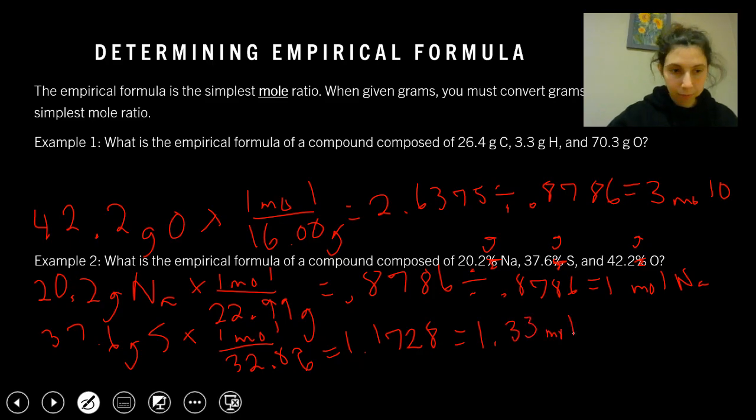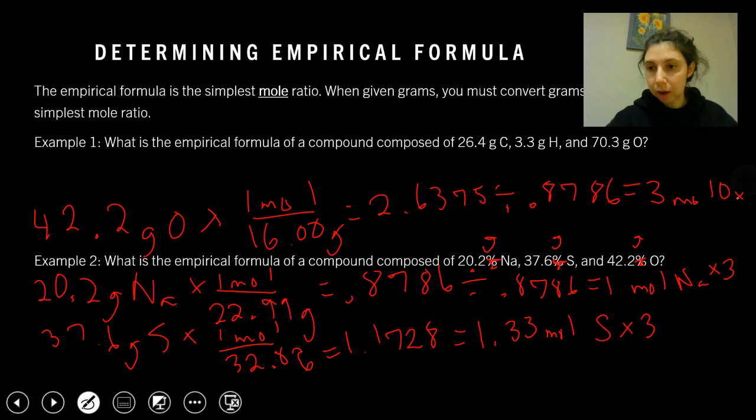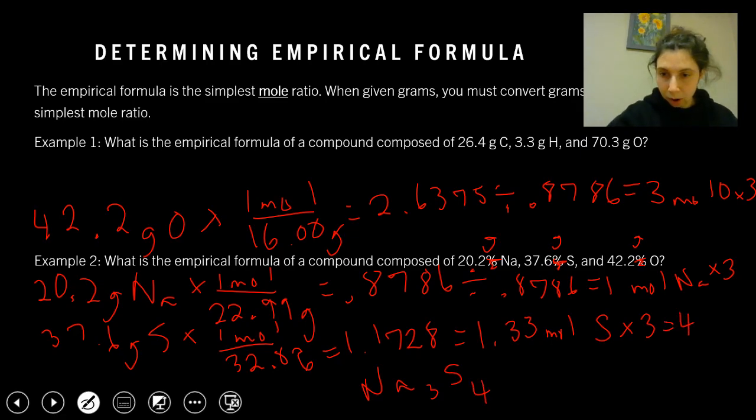So in your problems, you won't ever have a 0.33, but to get rid of the 0.33, we are going to just multiply everything by 3. 0.33 is like a third, so to make it into a whole number, we have to multiply by 3. So our formula would be Na3S4O9 as our empirical formula.